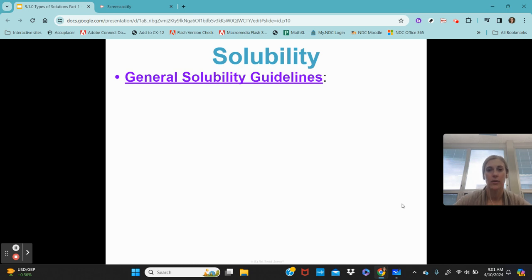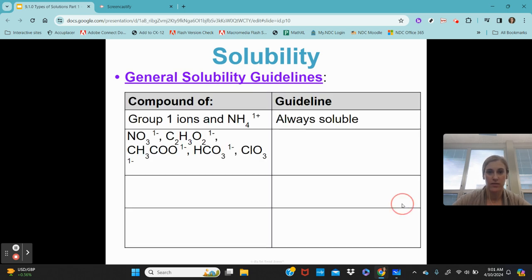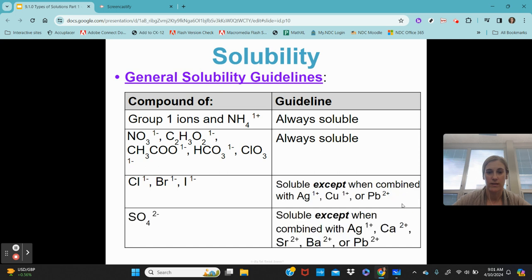So we're going to predict the solubility of two ionic solutions mixed together, predict if there's a precipitate, and then learn how to write these equations. This is just a reference. We will use this as we do some practice.